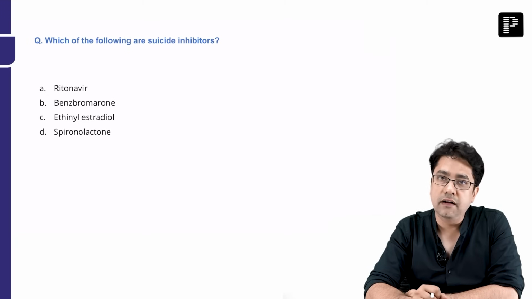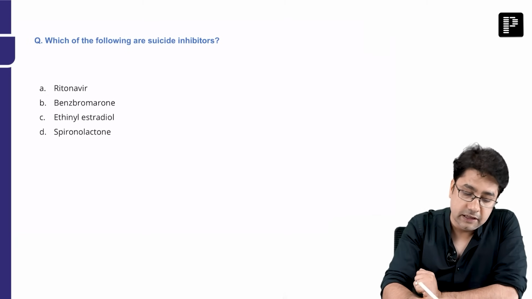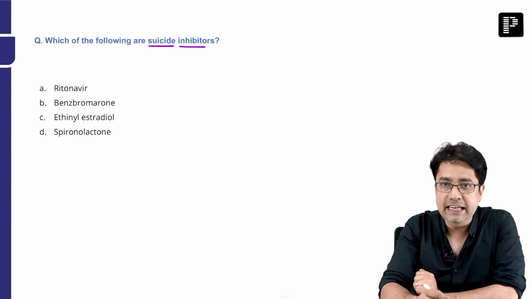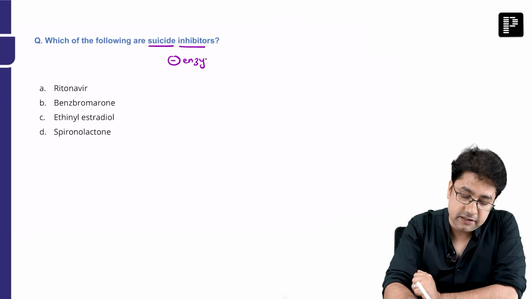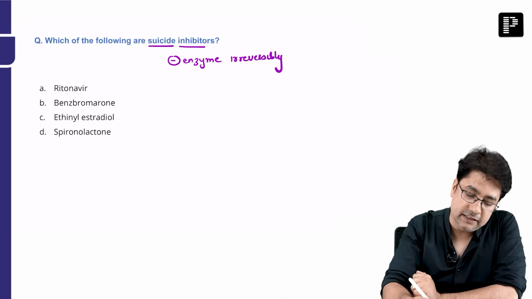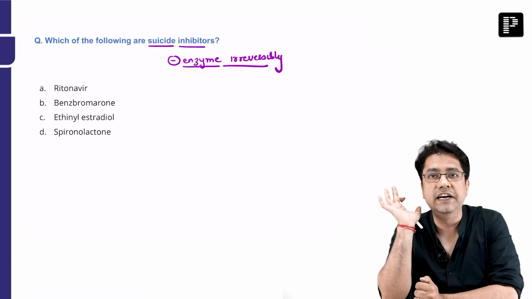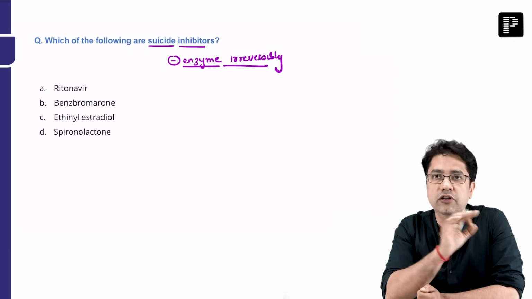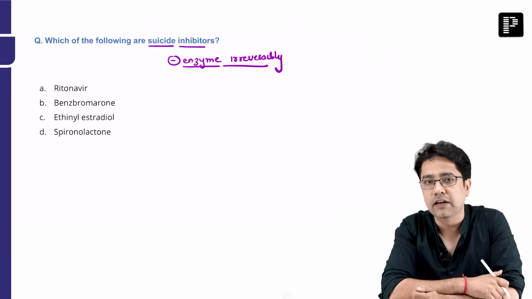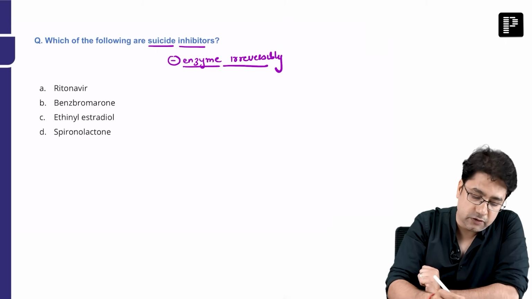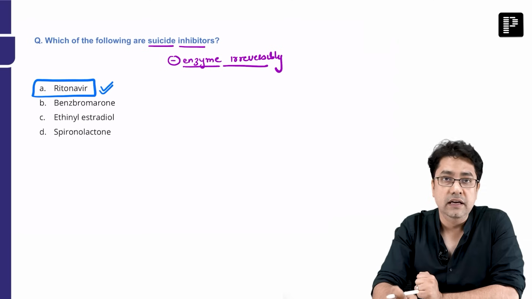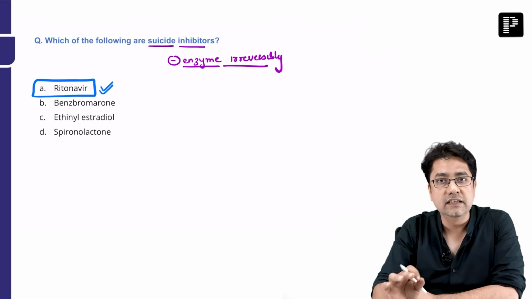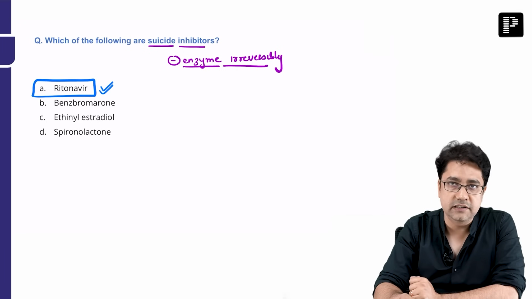Which of the following drugs is a suicide inhibitor? Now remember, suicide inhibitor means any drug which inhibits an enzyme irreversibly. Any drug which inhibits an enzyme irreversibly is known as a suicide inhibitor, because this enzyme is now permanently dead, it cannot work again. Now the answer for our question is ritonavir. Now let's see whether ritonavir is a reversible or irreversible inhibitor.